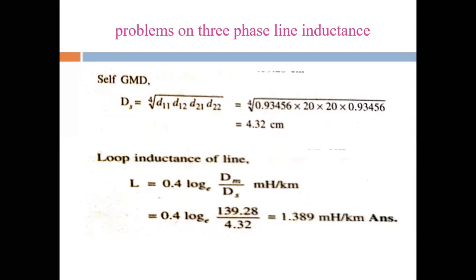Next, we write down the formula for the loop inductance of a line, that is L is equal to 0.4 log e dm by ds. Then substitute dm and ds values.